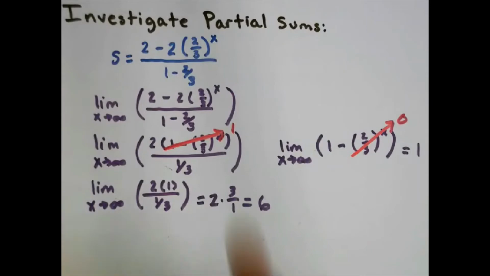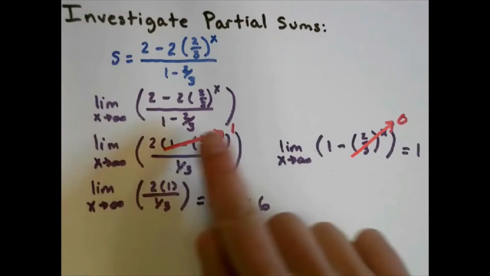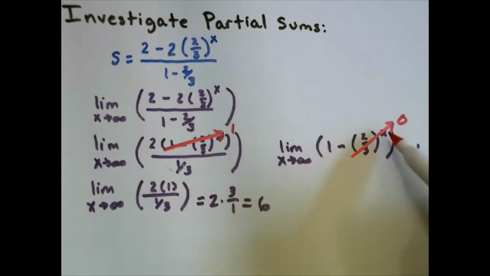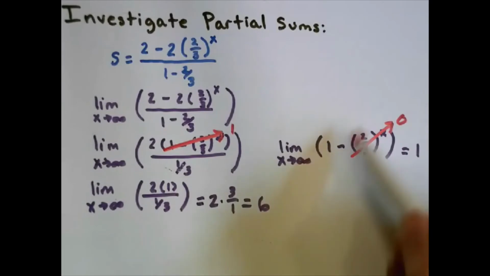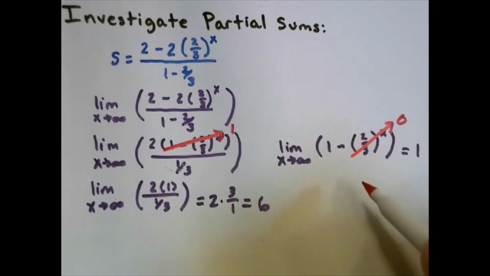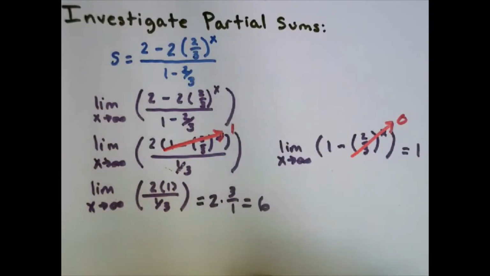So the key to this whole thing is this piece right here. The fact that that went to 1 happened because 2/3 to the x went to 0. So any series where the common ratio raised to the x goes to 0, we can find the sum doing all of this.